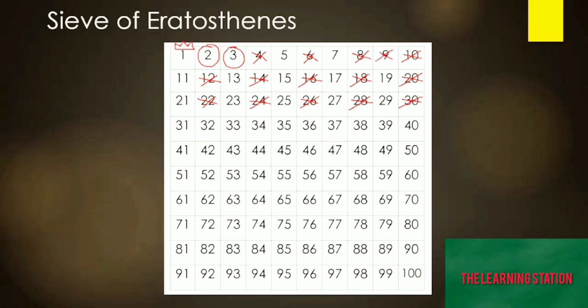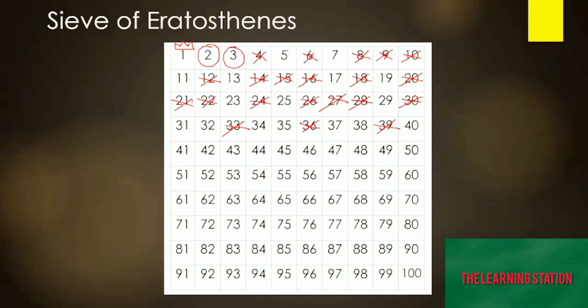Move to 9, cross it out. 12, 15, 18, 21, 24, 27, 30, 33, 36, 39, and so on. Coming to the next number, 4 is already crossed out, so we will not consider that.